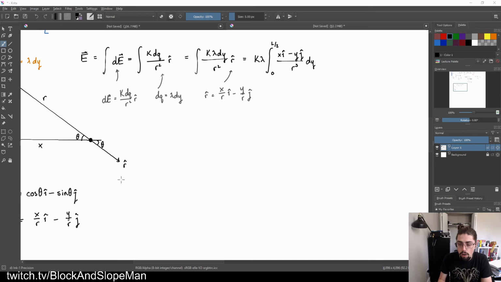So now we take the same step as before and we say, okay, well, r is square root of x squared plus y squared. Plug it in. And I'm going to split this integral in two, right? I want to treat the x and the y separately. It's just going to be a lot easier that way.